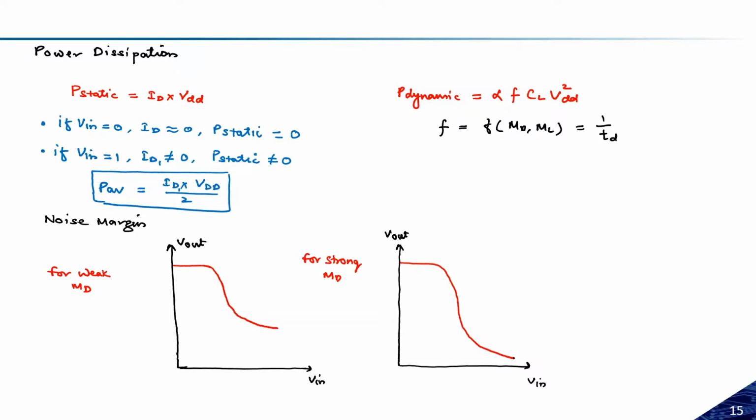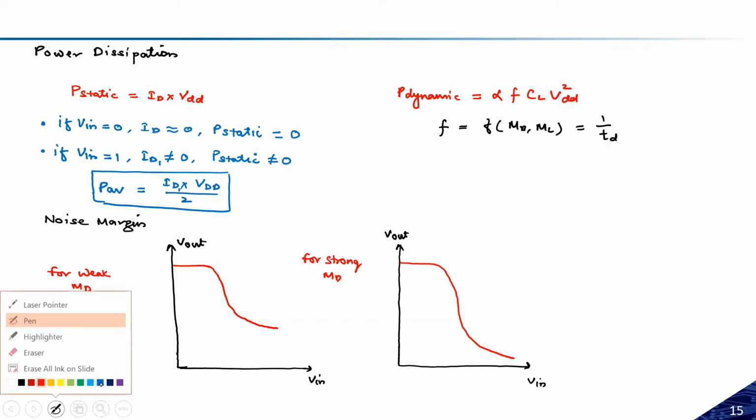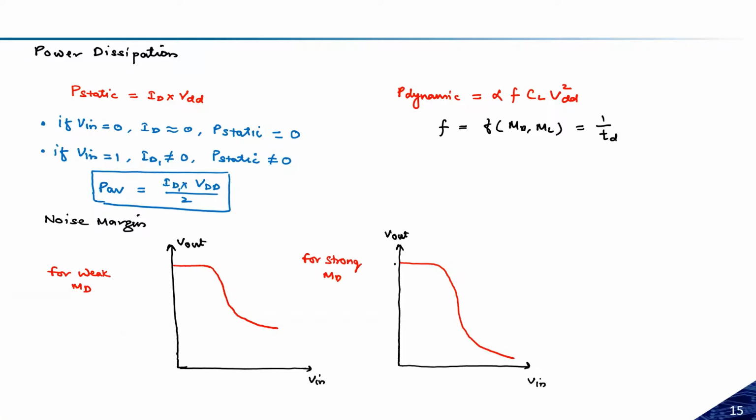Now let us check what the VOH is, what the VDD is, and the other things. This point can be at maximum VDD minus VTH. This is also VDD minus VTH. If I'm talking about the -1 slope, it will be somewhere here. Similarly, for this one, I need to calculate the -1 point.